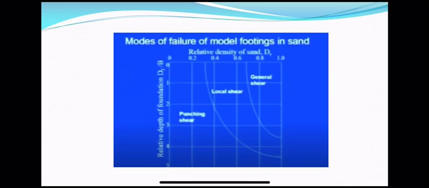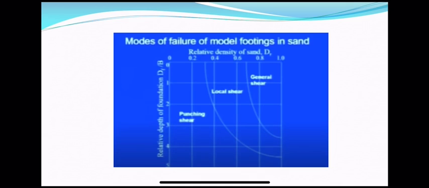On the basis of model studies, this is a relationship between relative density of sand and the relative depth of the foundation in terms of Df by B ratio, that is depth by width ratio. Now you will find that there are different zones in which you will find general shear failure, local shear failure and punching shear failure.